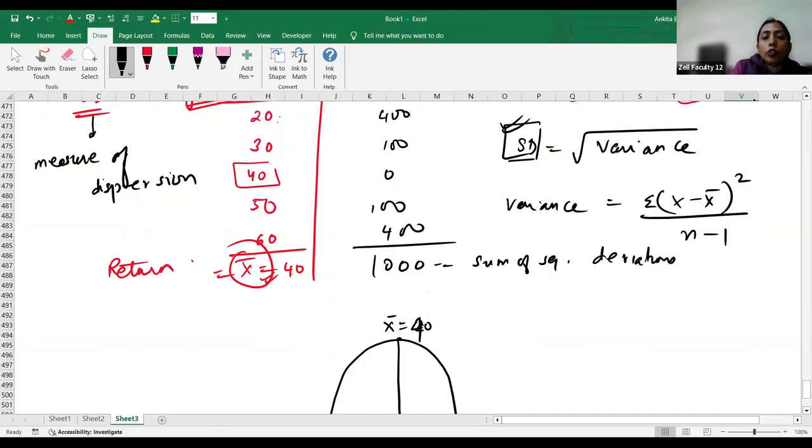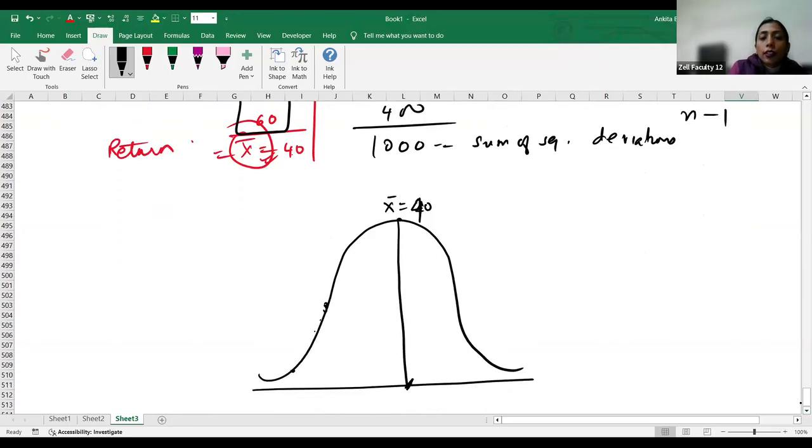And then we had values below the mean, which were 20 and 30, and values above the mean, which were 50 and 60. So this is 50, this is 60, this is 30, and this is 20. These are the points that I have plotted.